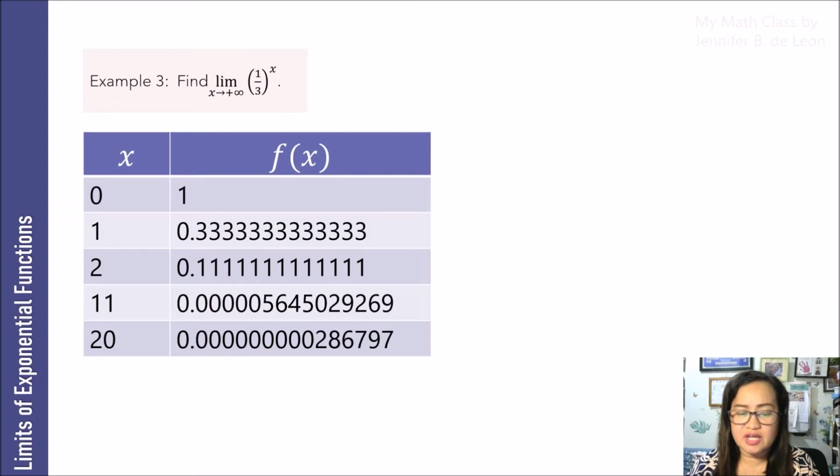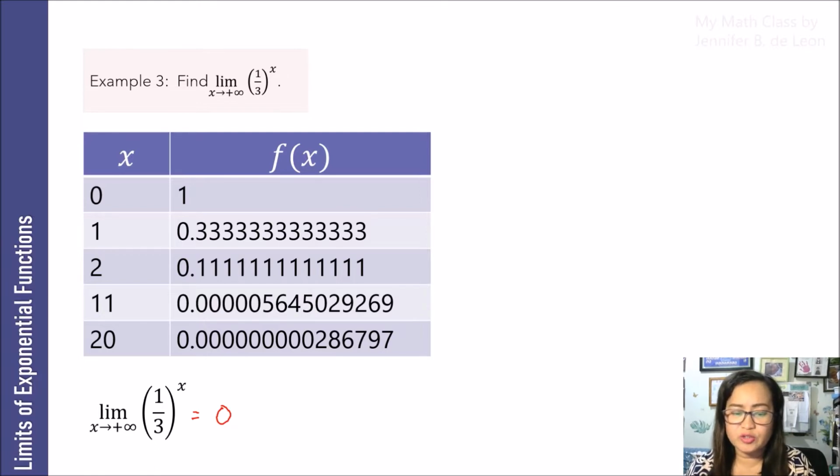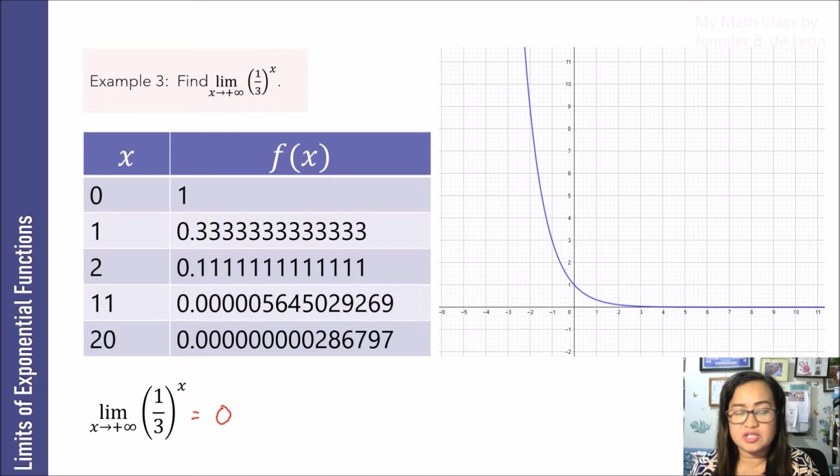So in this case, we can say that the limit of 1/3 raised to x as x approaches positive infinity is 0. Now let's take a look at the graph of 1/3 raised to x in order to confirm our answer, that this function, when evaluated as x approaches positive infinity, will give us 0. Take a look at this graph.